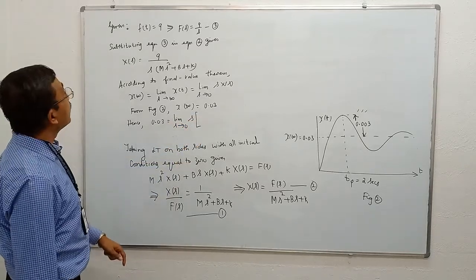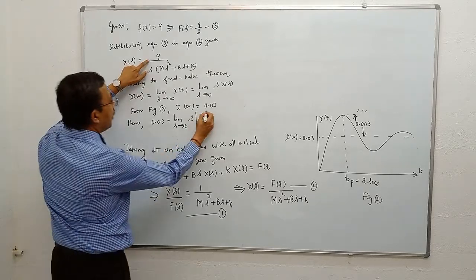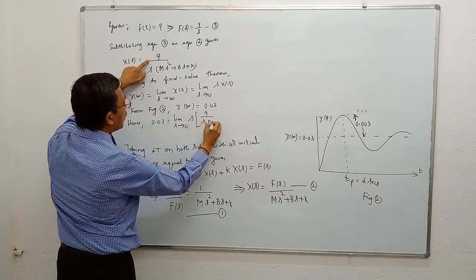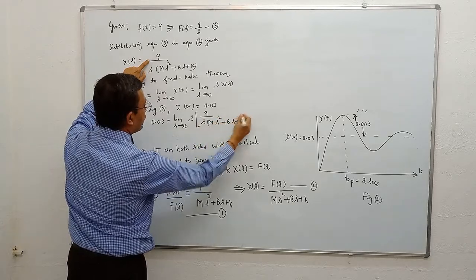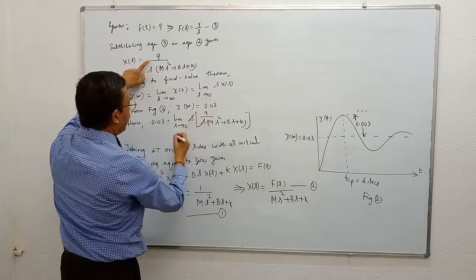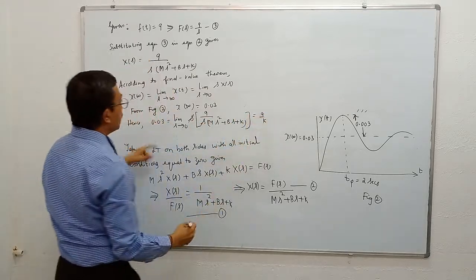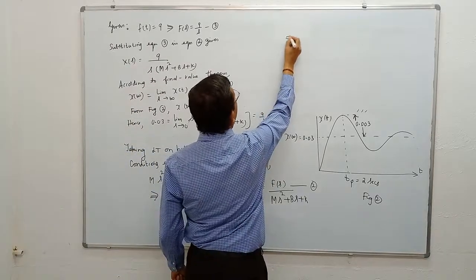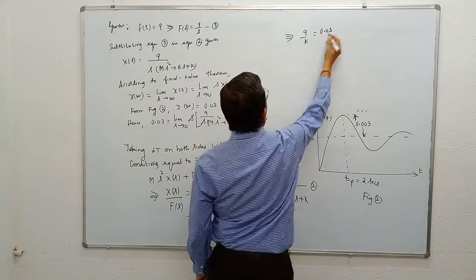What is x of s? X of s is 9 divided by s into ms square plus bs plus k. S gets cancelled. If you put s is equal to 0, you get 9 by k. So this implies 9 by k is equal to 0.03.